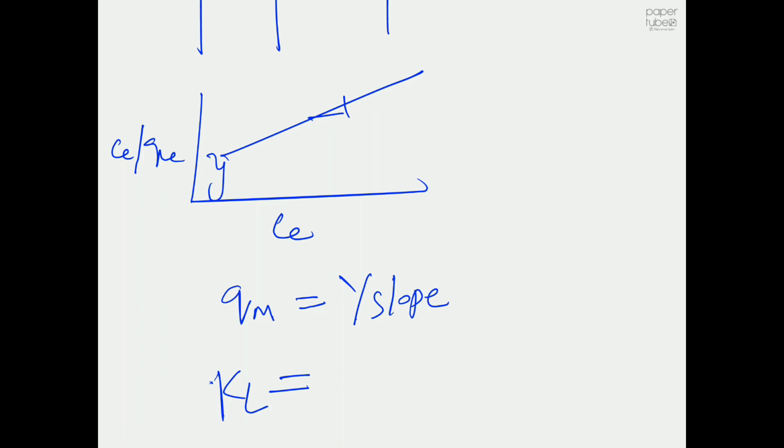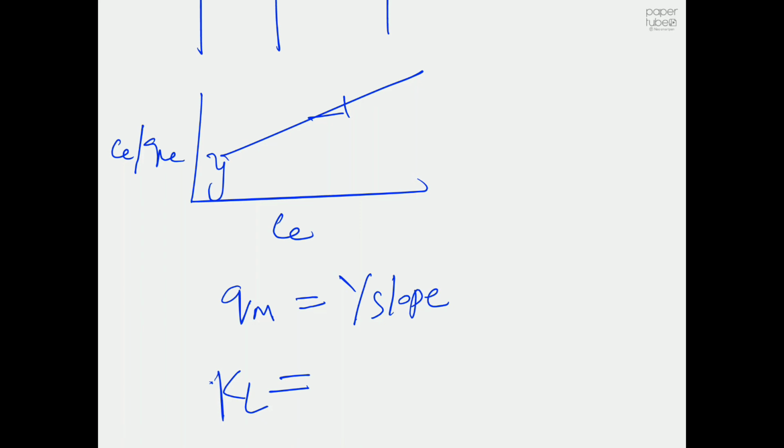I think I didn't do any mistake. KL, let me check one more time. So intercept is 1 by KL QM.